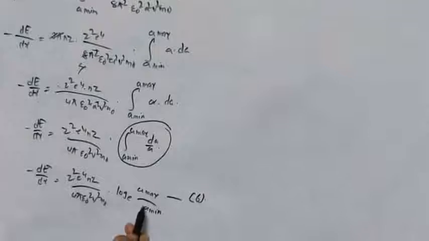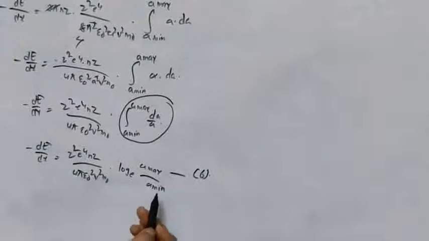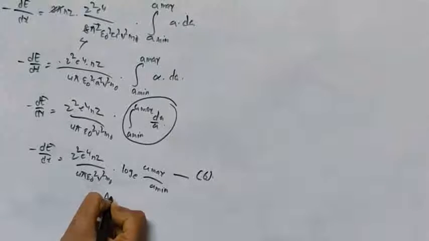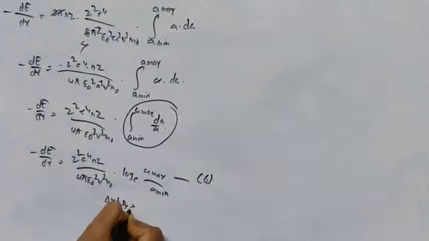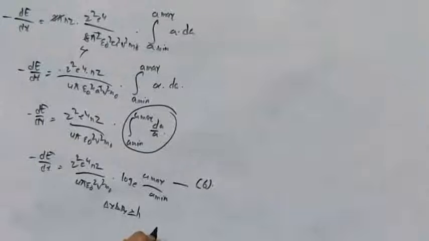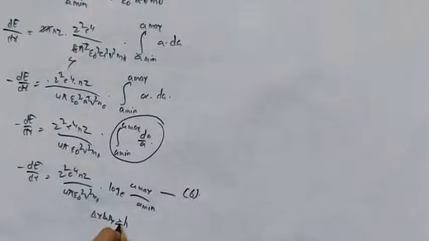Now the lower limit, that is A minimum, can be obtained by the uncertainty principle. The uncertainty principle is given by delta x delta px greater than or equal to h. According to the uncertainty principle, we have delta x into delta px greater than or equal to h, and A minimum into 2m naught v greater than or equal to h.